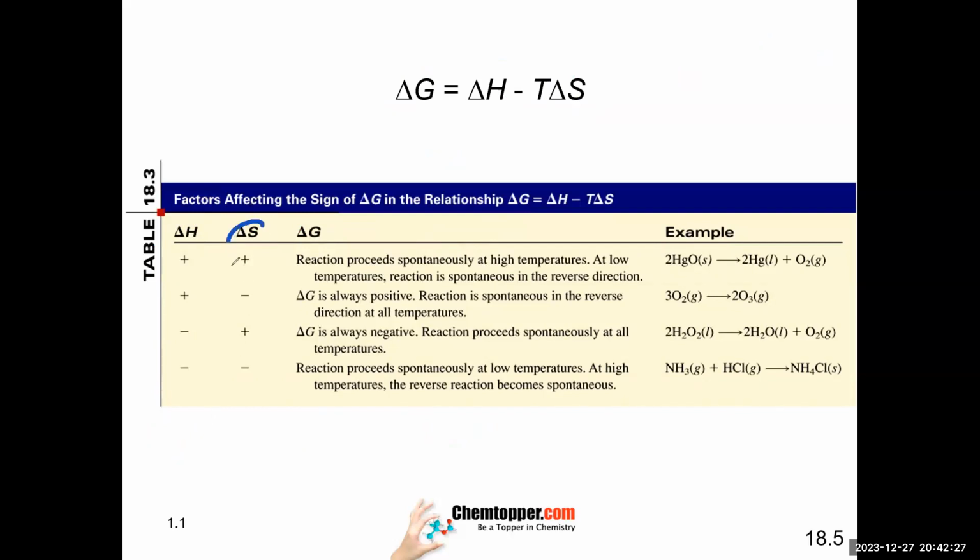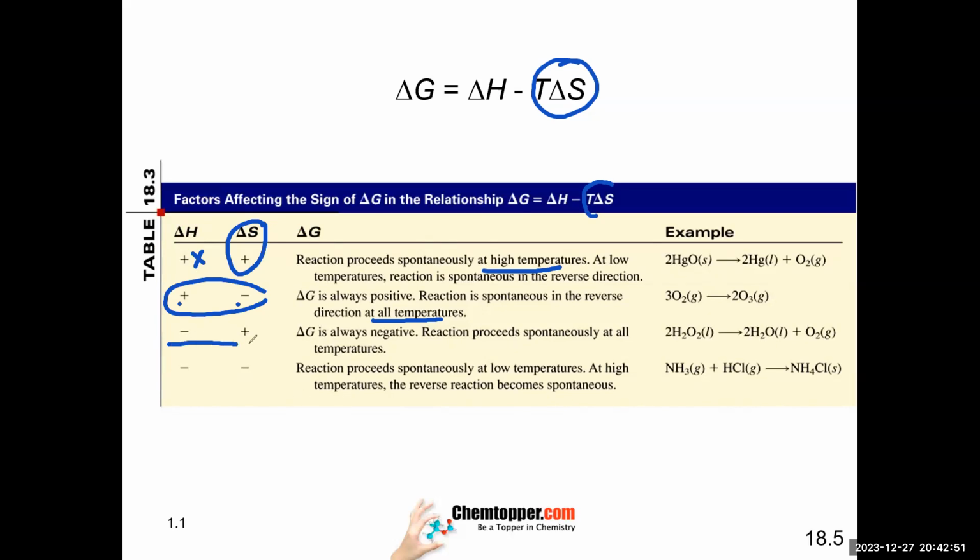Here entropy is in favor. This is not in favor. So you keep temperature high so that this number becomes greater. In this case, none of them is favoring. So at all temperatures, the reaction is non-spontaneous.